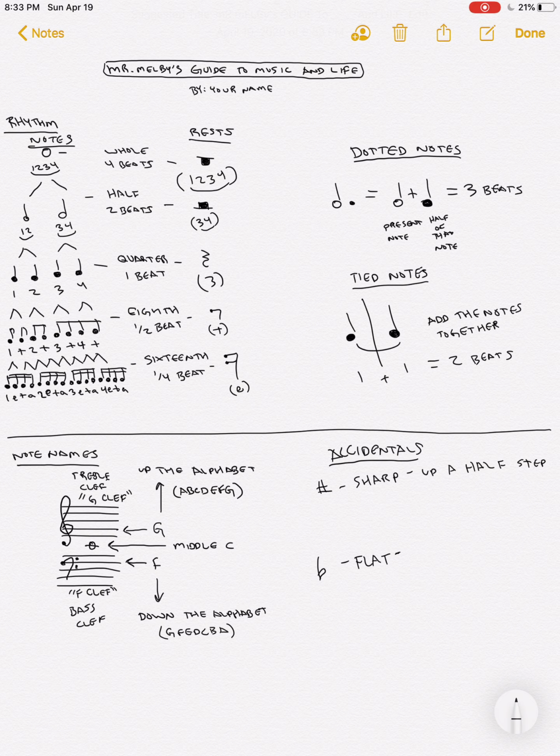And a flat takes a note down a half step. Additionally, we have another accidental called a natural we may have seen before. This cancels the sharp or the flat.